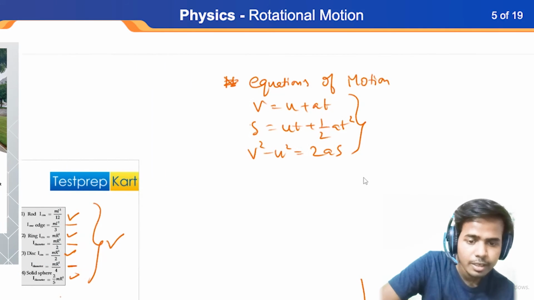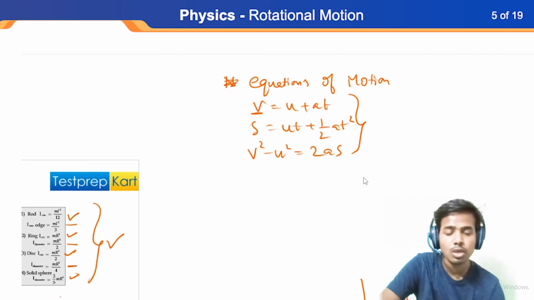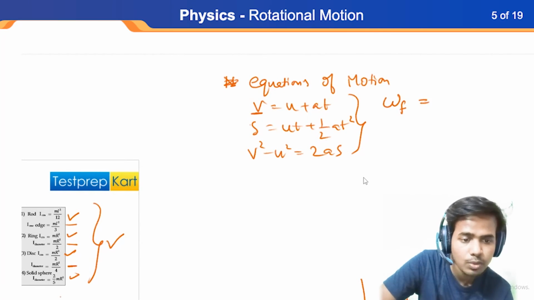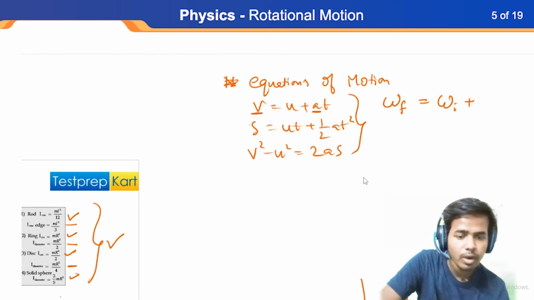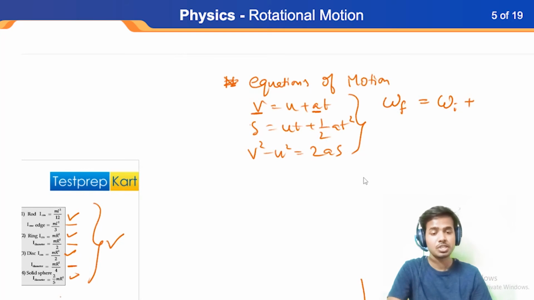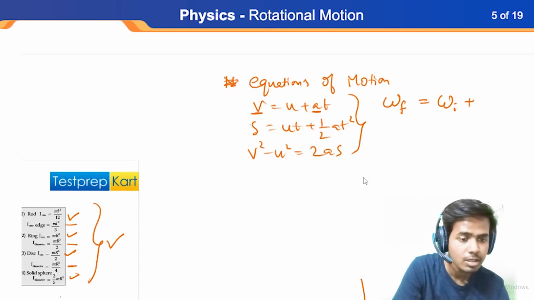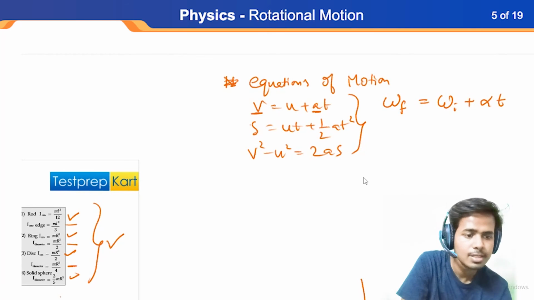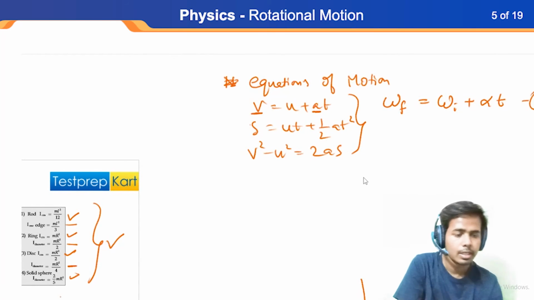For example, the final velocity: final angular velocity will be equal to initial angular velocity plus, replacing the acceleration with angular acceleration since we are in the realm of rotation, alpha t. This is the first equation of motion.